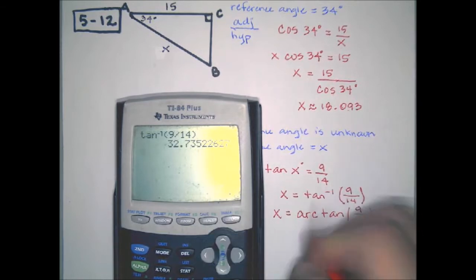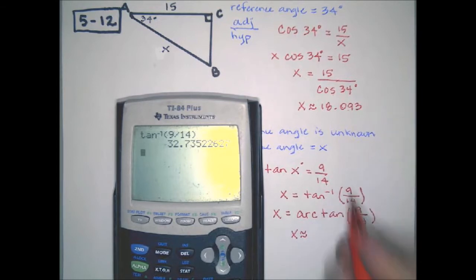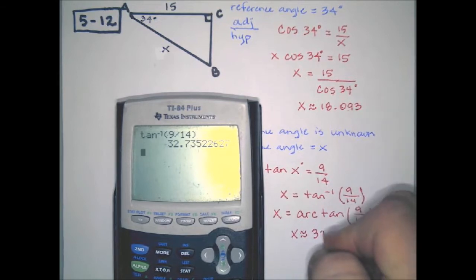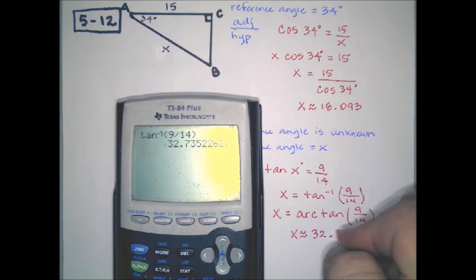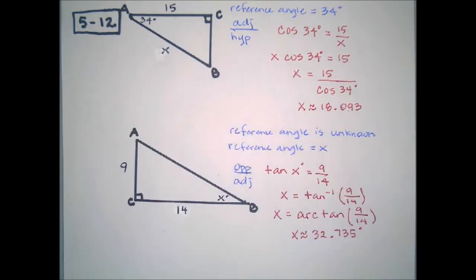So x would approximately be 32.735 degrees. So these two are the exact answers for x. This is the approximated answer for x.